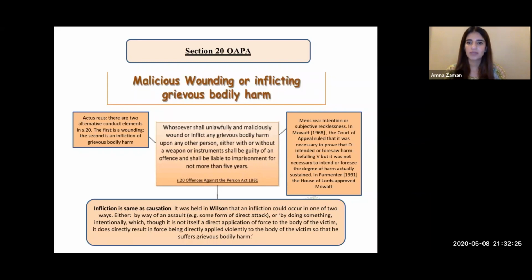This was set out in Parmenter. In Parmenter, the House of Lords clearly said that the defendant cannot then argue that he did not foresee the degree of harm. The fact that some harm could be foreseen was enough for the prosecution to get the defendant successfully convicted under Section 20 of the Offences Against the Person Act.